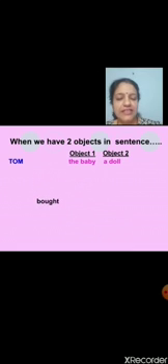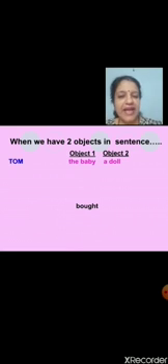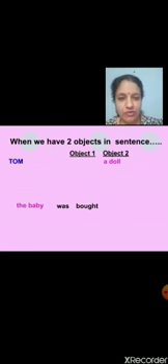Now, if you have to change the voice, the very first step is changing the verb. The new verb will be in its past participle form with the respective to be form. So, was bought. Now, if we have two objects, you can change the voice in two ways.